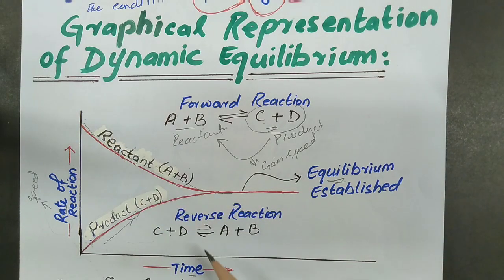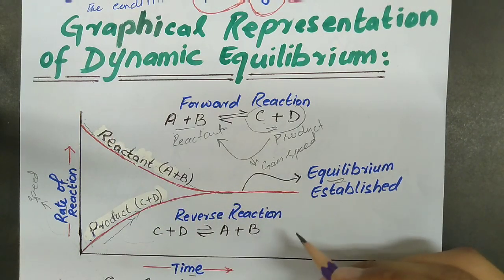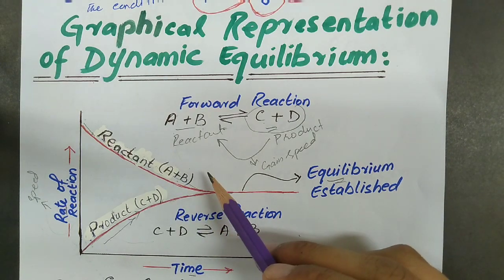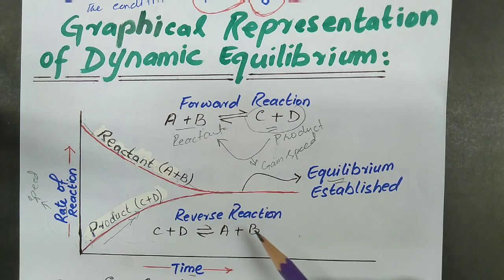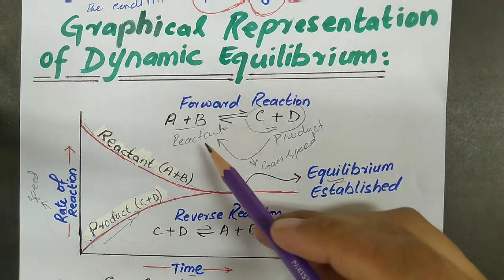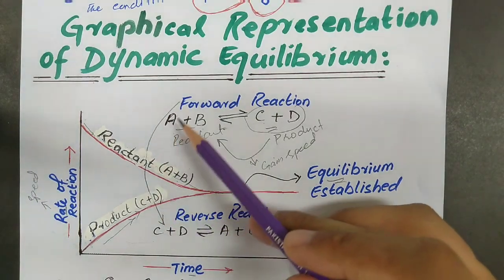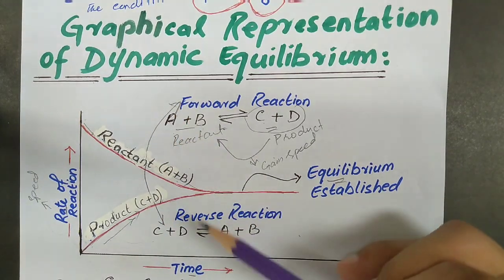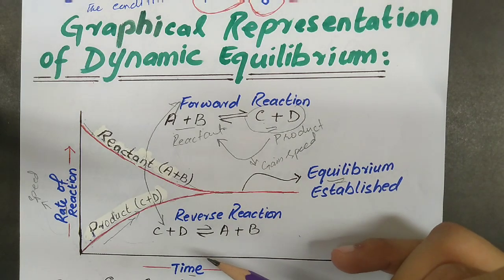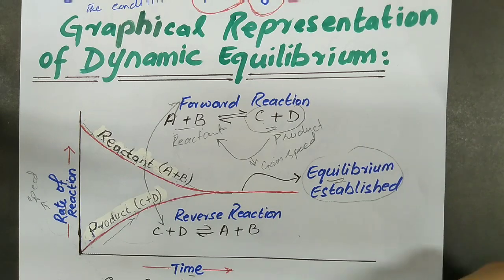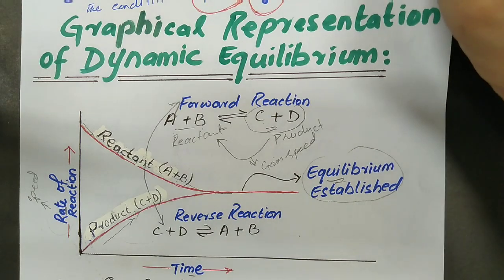When the rate of forward reaction becomes equal to the rate of reverse reaction, when these two rates of reaction become equal to one another, that condition is called the dynamic equilibrium state.